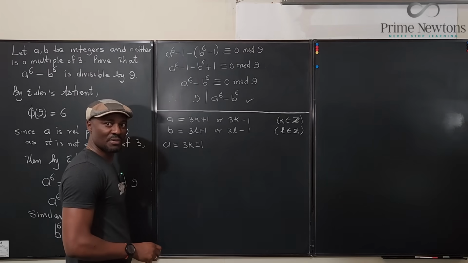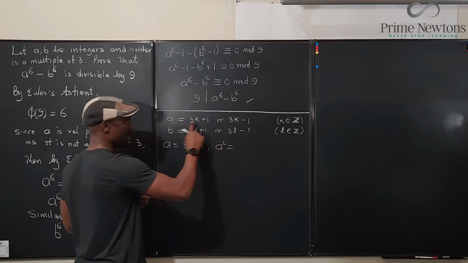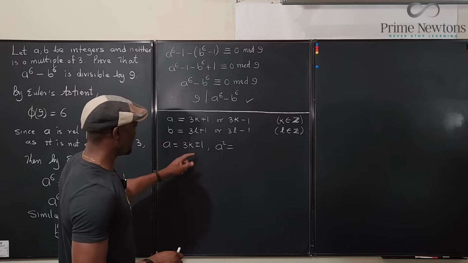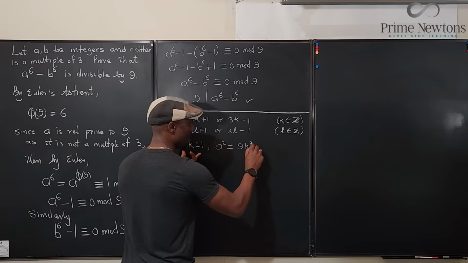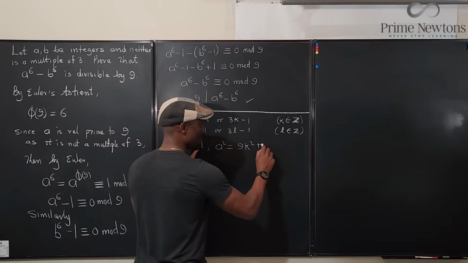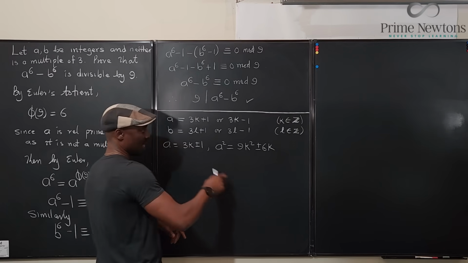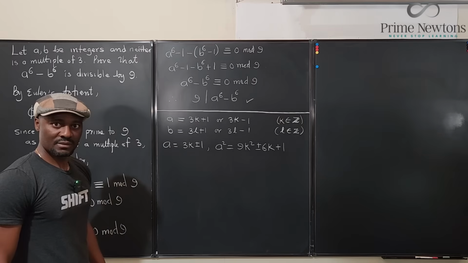That's the short form of it. And we can find A squared. If you square A, what are we going to get? If we square this, this is going to be 9k squared plus or minus 6k. Now when you square the last one, whatever happens is going to be plus 1, right?